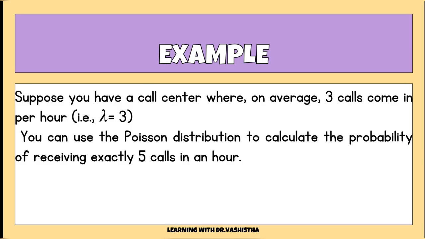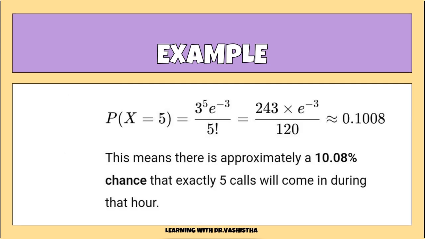Now there is an example of where you can apply the formula. If you have a call center where on average 3 calls come in an hour, that is lambda becomes 3. We can use the Poisson distribution to calculate the probability of receiving exactly 5 calls in an hour. So we'll simply put the values here.